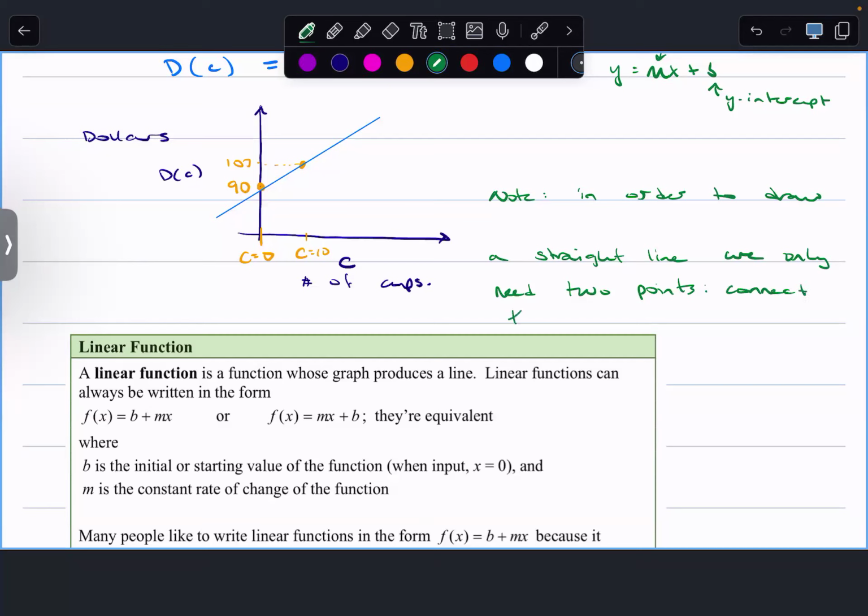Connect them and extend the line. That's kind of cool.